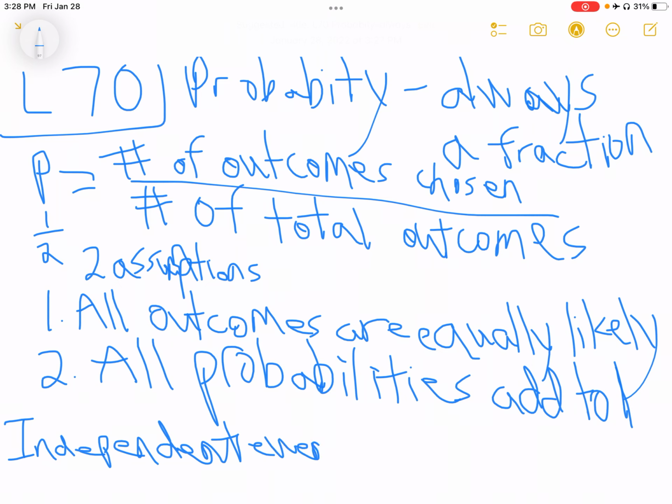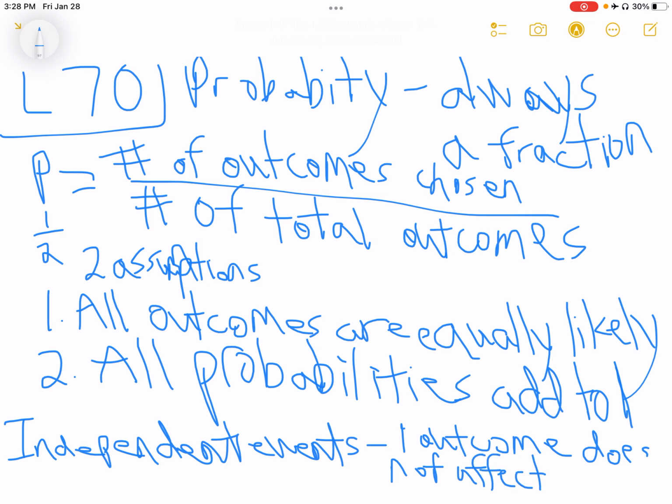One outcome does not affect the next. So if you flip a coin 9 times and you get all heads, it's not going to change the possibility that you would get a heads the next time.